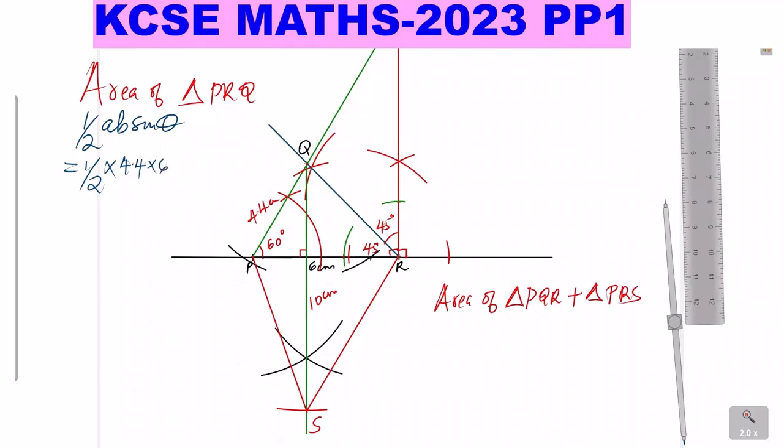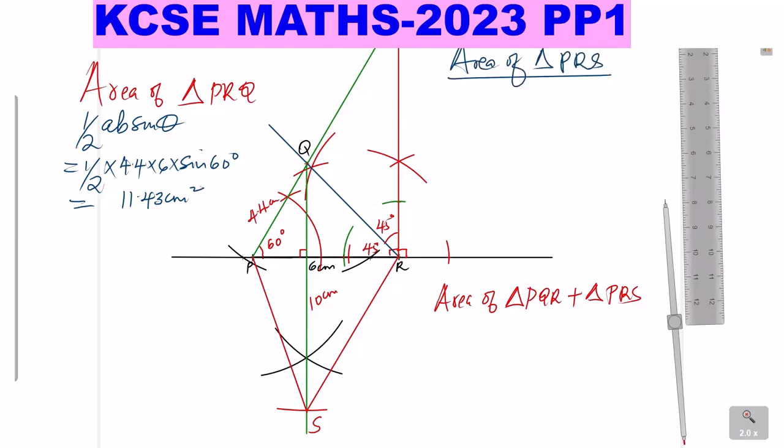Those are the sides between the given angle. Then times sine of 60 degrees. So let us work that out. 4.4 multiplied by 6 multiplied by sine of 60 will give 22.2. Then you divide by 2. You get 11.43 centimeters squared.